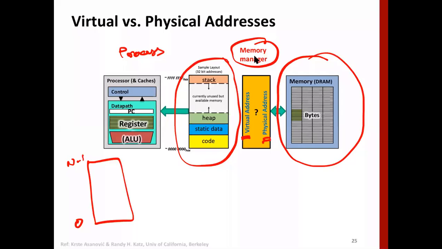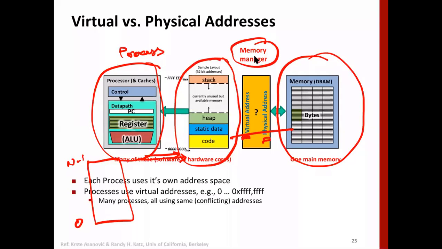At runtime we have a simple runtime layout, and this is what a programmer knows about, right? When we did programming in assembly, the program has a view of this one, and then this is to be mapped into physical memory with the help of the memory manager.